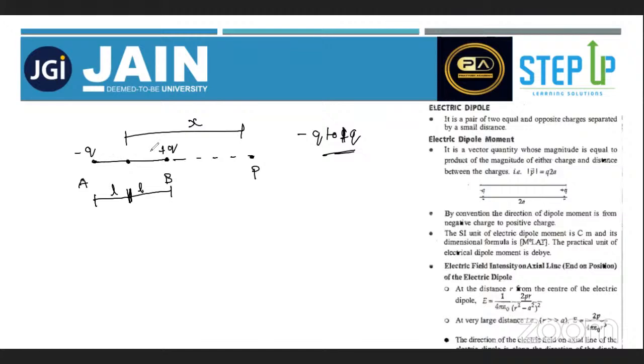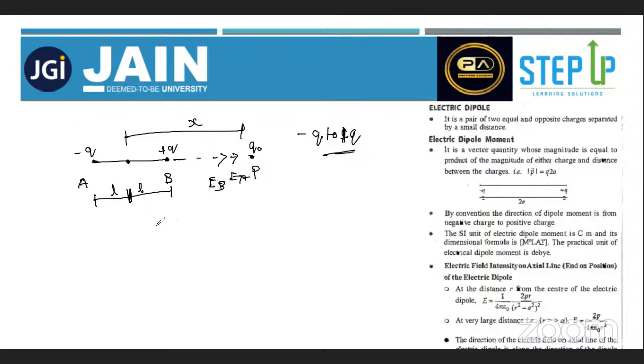If I assume a point charge over here, the positive charge will try to repel it on this side, and the negative will attract it. You can see that the electric field because of A will come here and the electric field because of B also will come here, so both get added up.